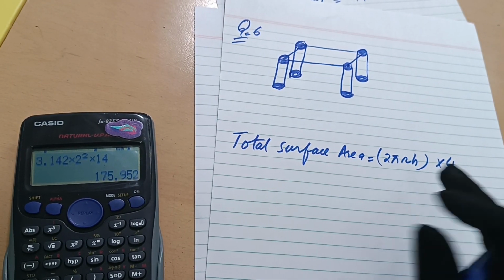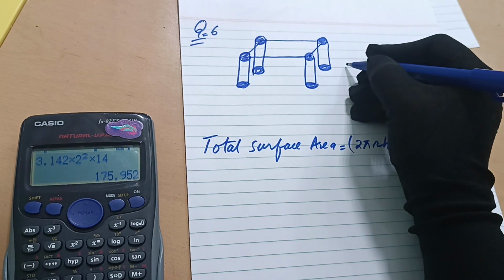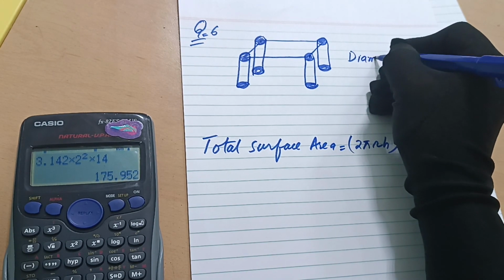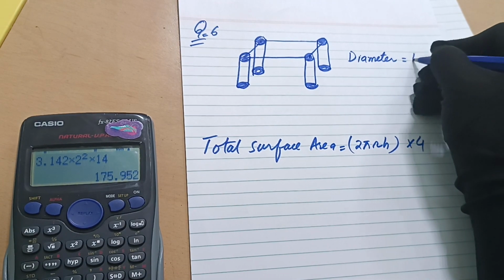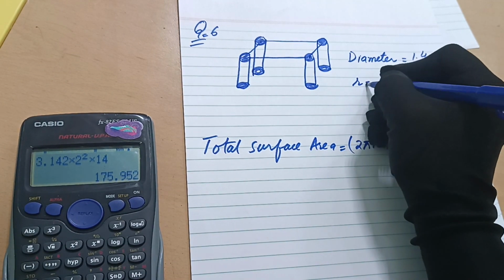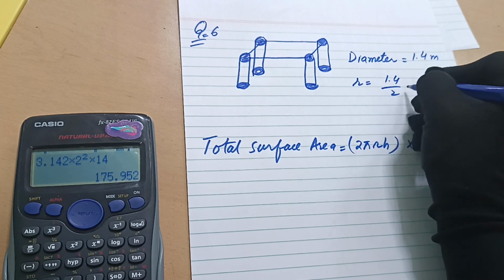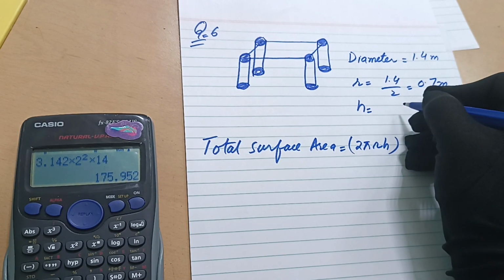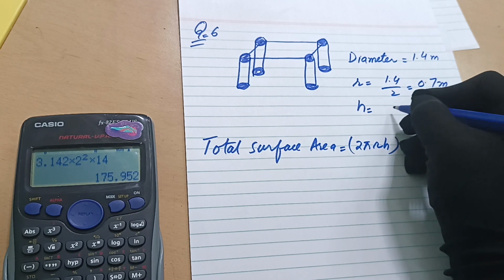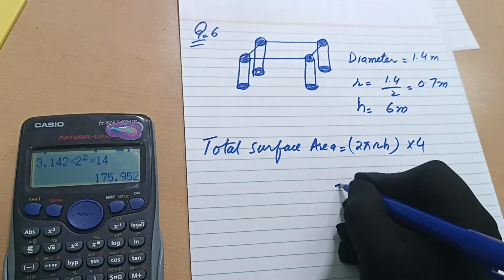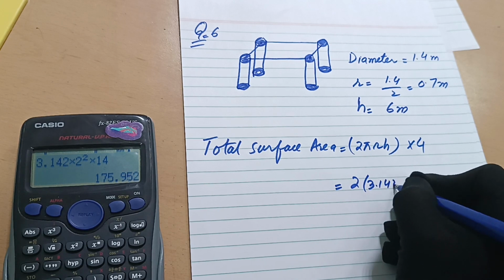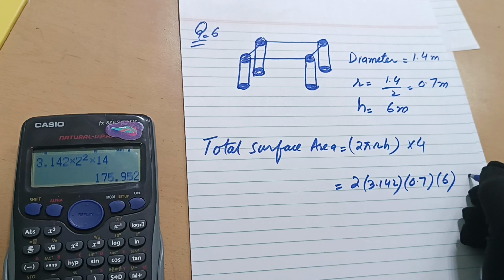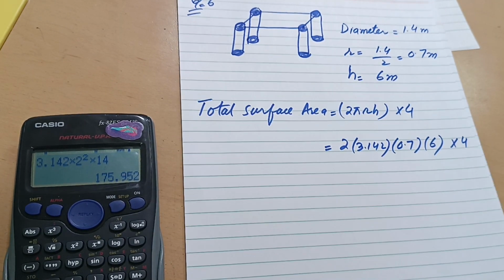Now what is the radius? What is the height? Now we can go for the data. Diameter of each was given as 1.4 meter, and radius, you know, is half of diameter. Half of 1.4 is 0.7. Height of each pillar is given as 6 meter. Putting the values: 2, 3.142, r that is 0.7, h that is 6, and multiply by 4 because the pillars are 4.